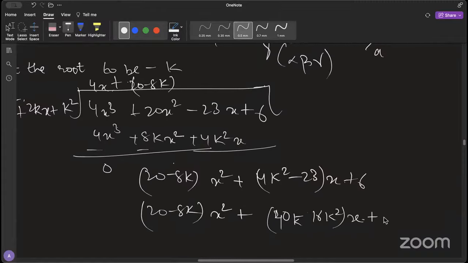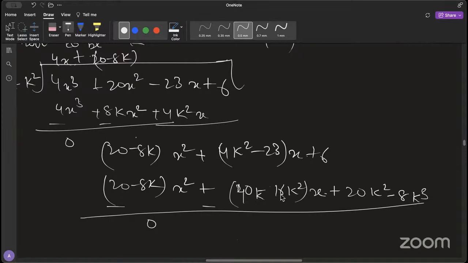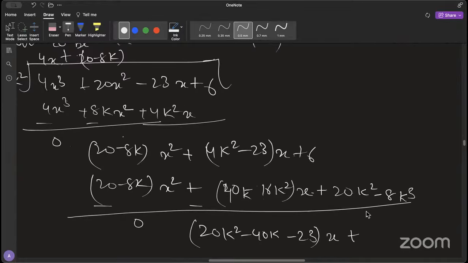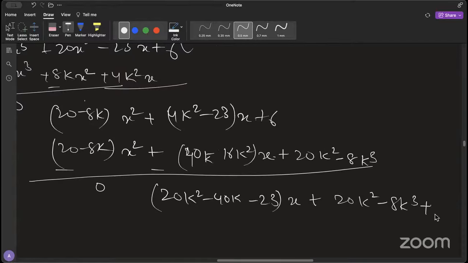And then at the end, you'll have 20k square minus 8k cube, right? So this will be 0. This will be 4k square minus 16k square. So this will be 20k square minus 40k minus 23. And there you have 20k square minus 8k cube plus 6.